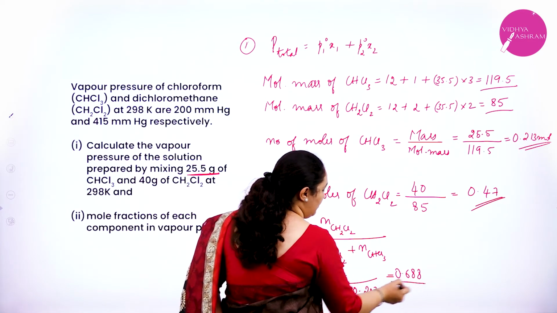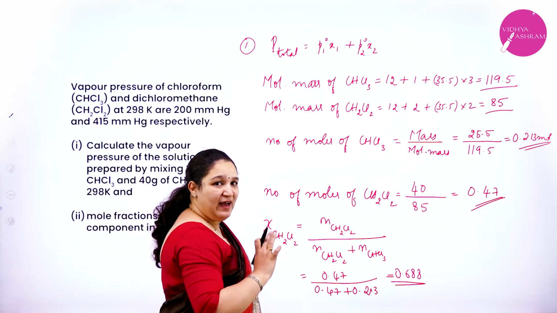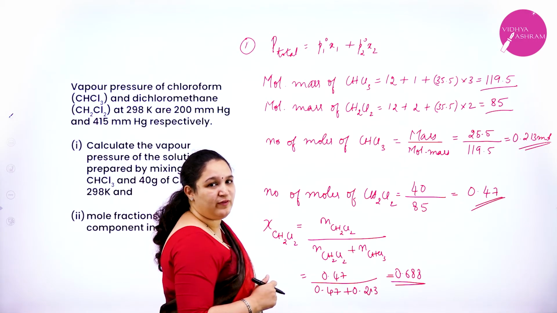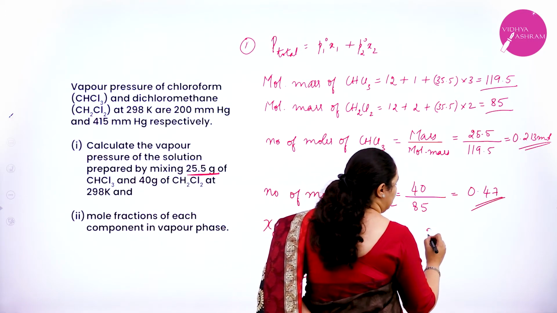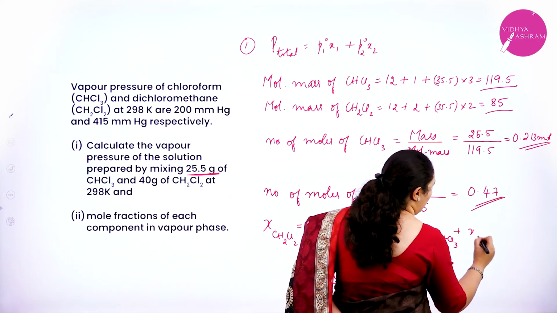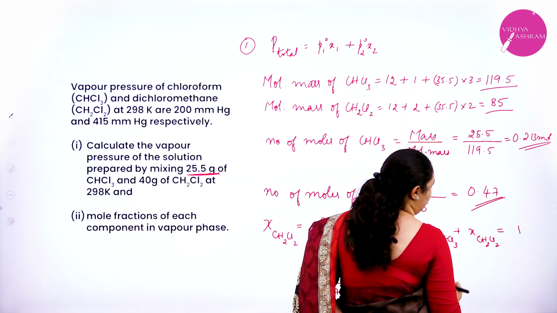Okay, so this is the mole fraction of dichloromethane. But I know if I add the mole fraction of dichloromethane and the mole fraction of chloroform, it is equal to 1. So I'll write like this: mole fraction of CHCl3 plus mole fraction of CH2Cl2 is equal to 1.